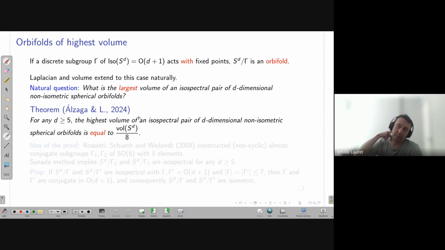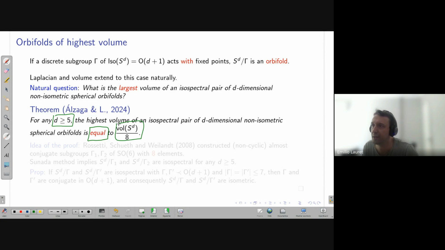The second main theorem of the article with Alfredo is the following. The highest volume of a pair of isospectral spherical orbifolds is equal to this. In this case, we were able to prove exactly how much it is in every dimension, and it's equal to this. We show a pair.